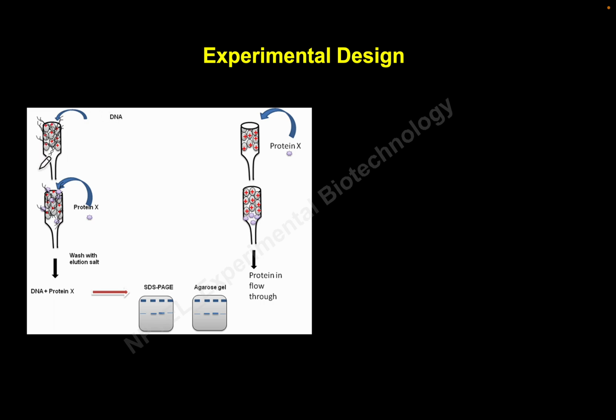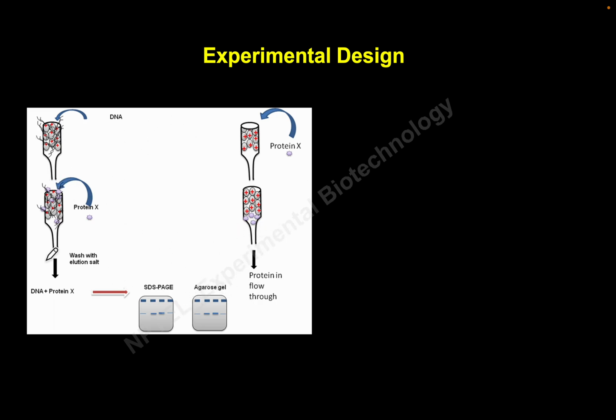Again, you will add DNA, you will add protein and wash with elution salt. So whenever you are eluting your protein, the DNA will also come, and then you will run SDS-PAGE and agarose gel. Okay, so this is how you can do the experimental design.